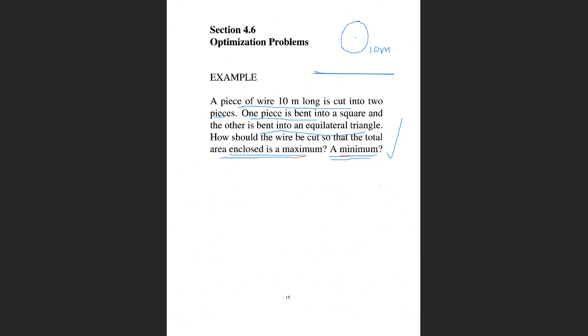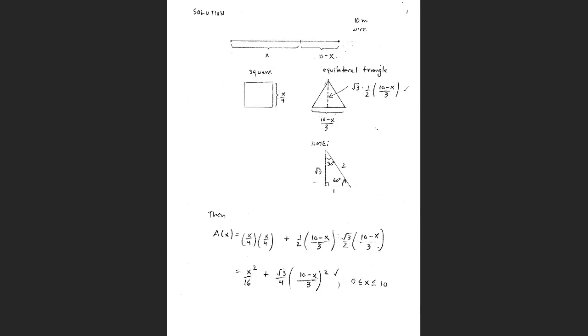Okay, let's go forward. What I do is I make a picture. Here's my 10-meter wire, and I'm going to cut it into two pieces. The first piece has distance x. The second piece would have to have distance 10 minus x. This is how you have to do the problem. If you had this problem on exam 4, you would have to do it this way.